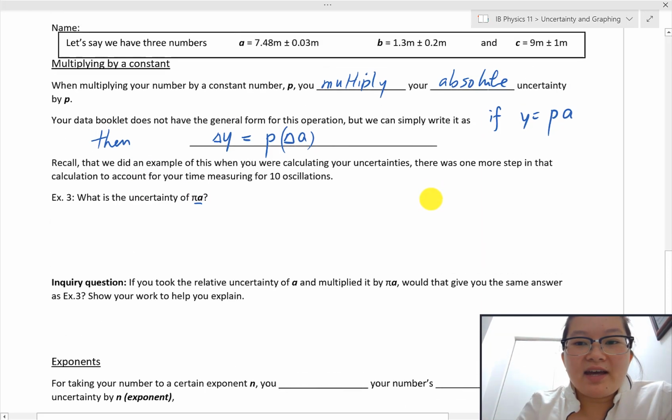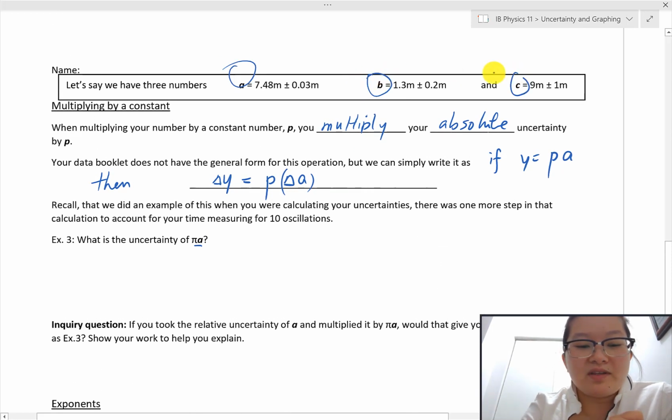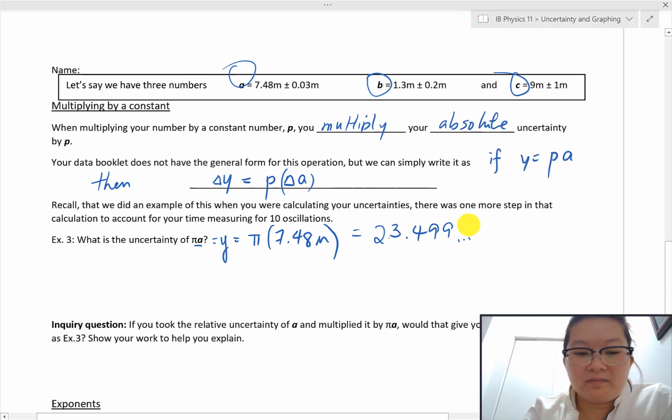Don't forget, I have just set some values of a, b, and c for us to use when we're doing these examples. So let's calculate what pi times a is equal to. We multiply, we get 23.4999, and just a constant times meters, so the units stay as meters.